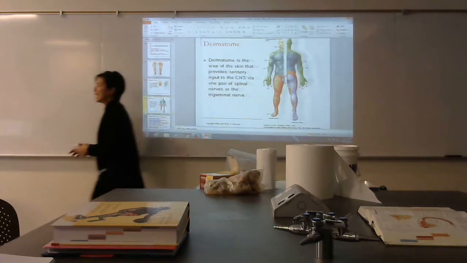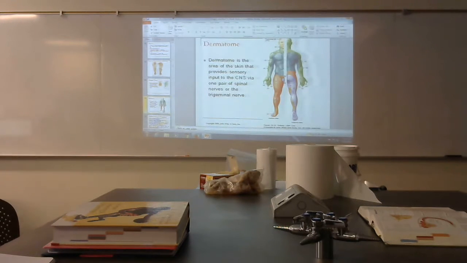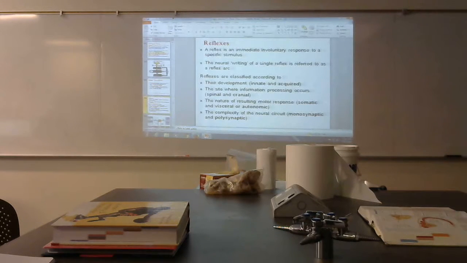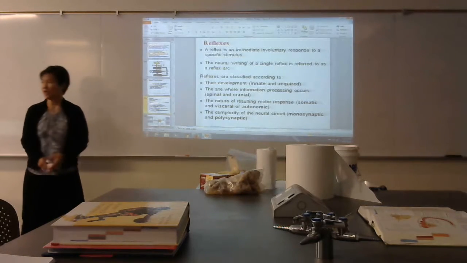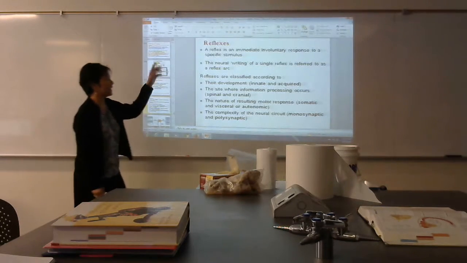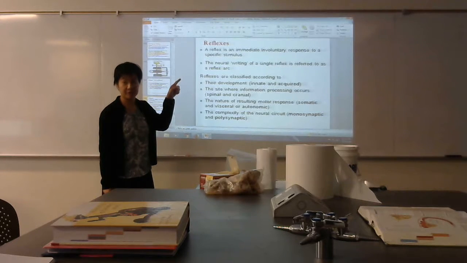Very specific. The other part of the spinal cord that we're going to study for today is what we call reflexes. Okay? So a reflex, you see, it's an immediate involuntary response.